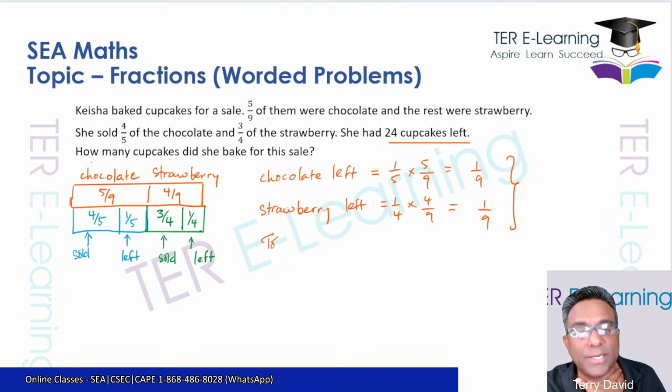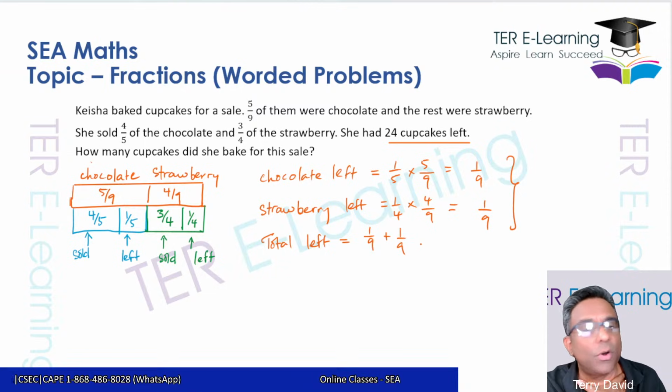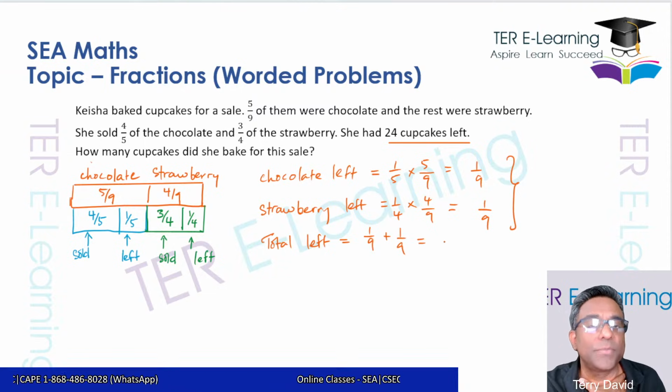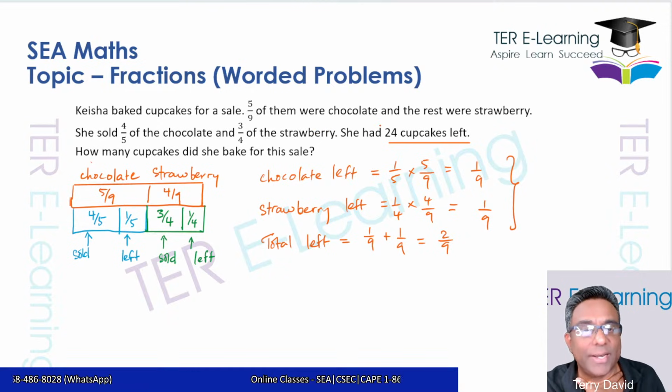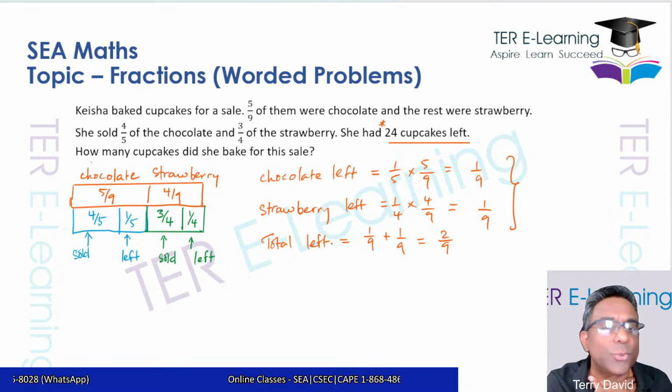So the total left is simply going to be 1/9, the remainder of the chocolate, plus the same 1/9 for the remainder of the strawberry. That's going to give us 2/9. That's the fraction that is left. Now that fraction corresponds to 24.